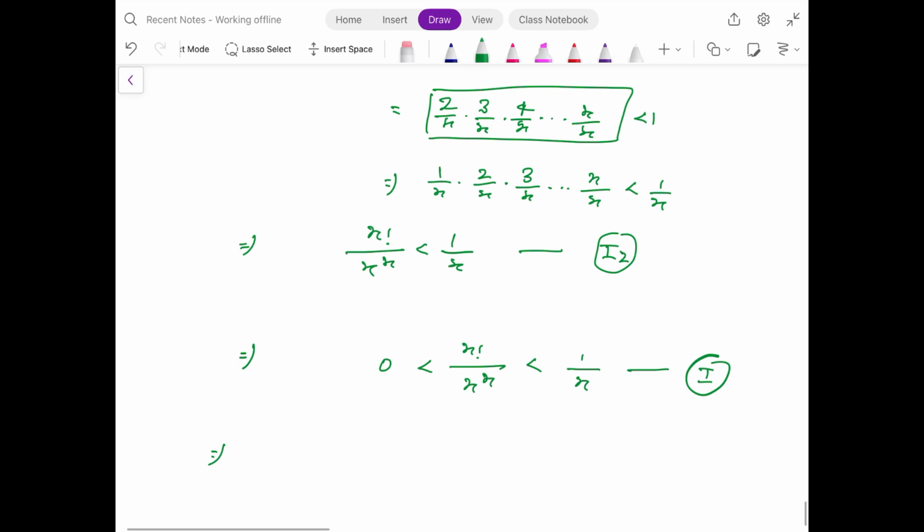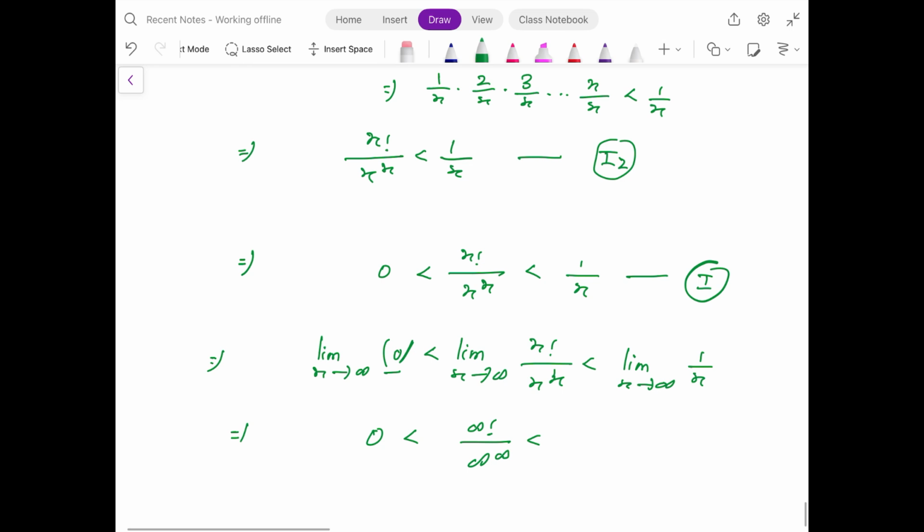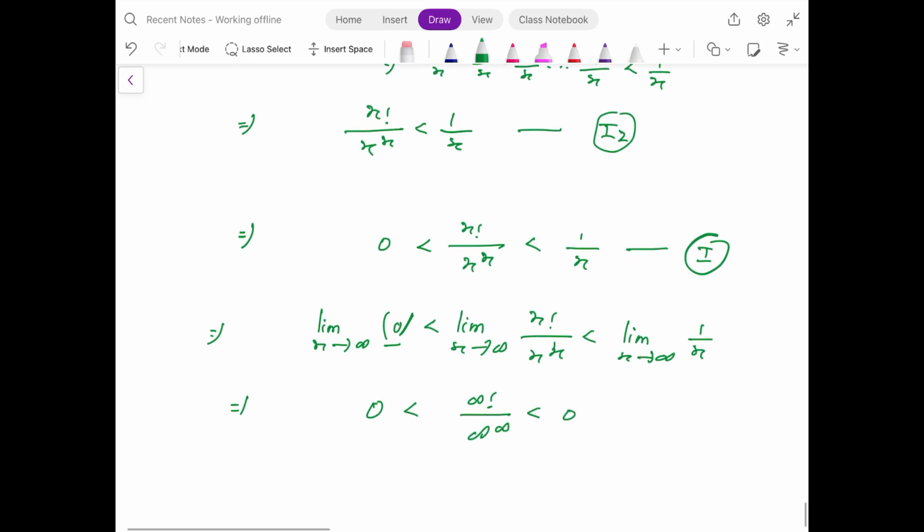The result will be the limit as x tends towards infinity of 0, less than the limit as x tends towards infinity of x factorial divided by x raised to x, which is less than the limit as x tends towards infinity of 1 divided by x. The limit of 0 is a constant, so the result will be 0. The middle term is nothing but infinity factorial divided by infinity raised to infinity. If x tends towards infinity, then 1 upon x tends towards 0.